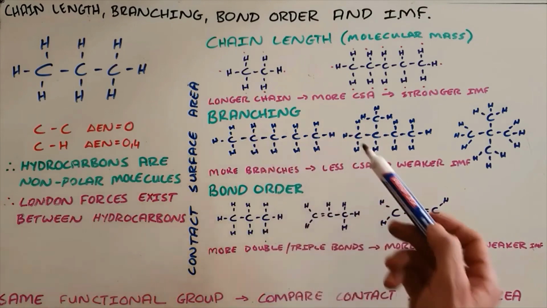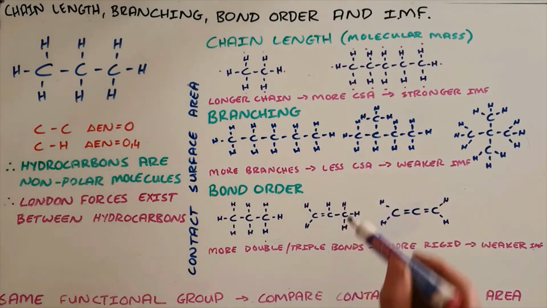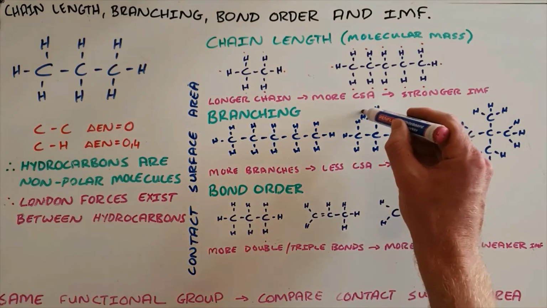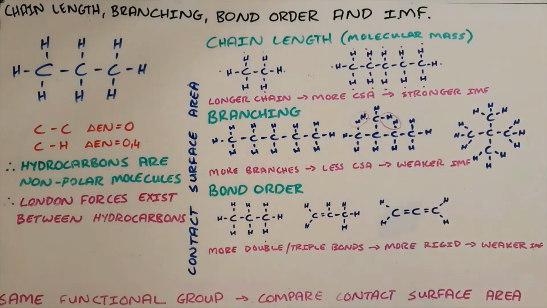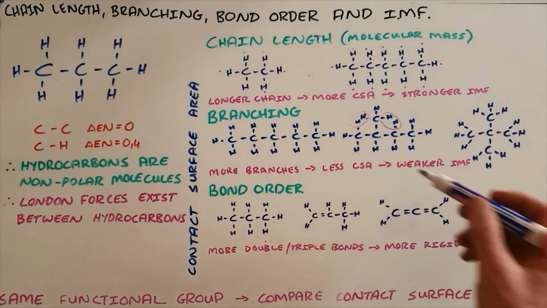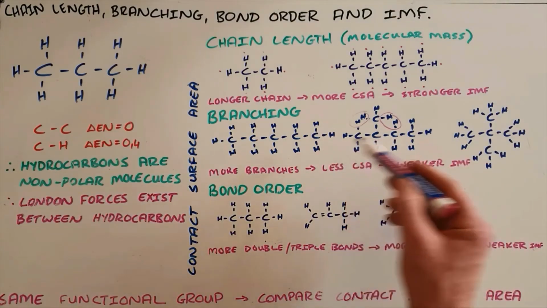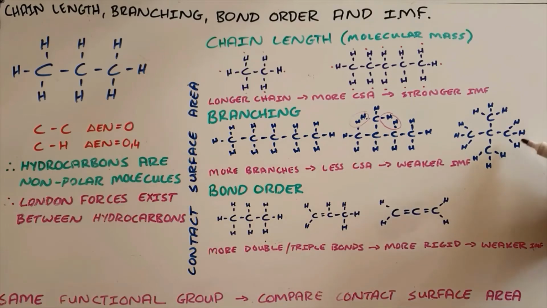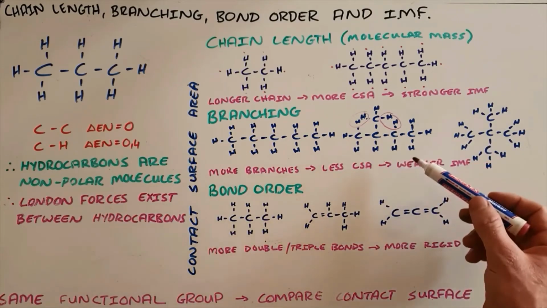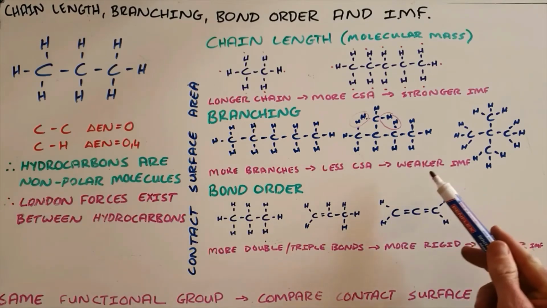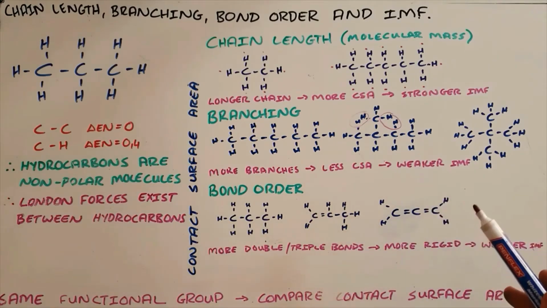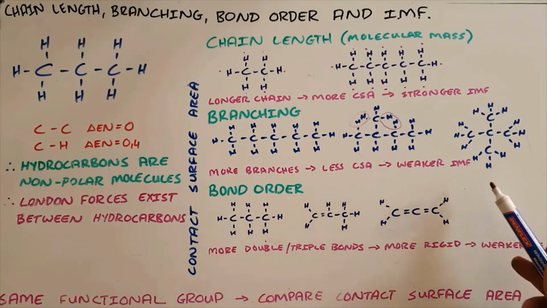And what we say branching does is it decreases the contact surface area because there are molecules and atoms that are too close together to allow for sites for intermolecular forces to exist. And as a result of that, we say that as the amount of branching increases, this contact surface area decreases. That decreasing contact surface area therefore allows for fewer London forces to exist and results in weaker intermolecular forces.